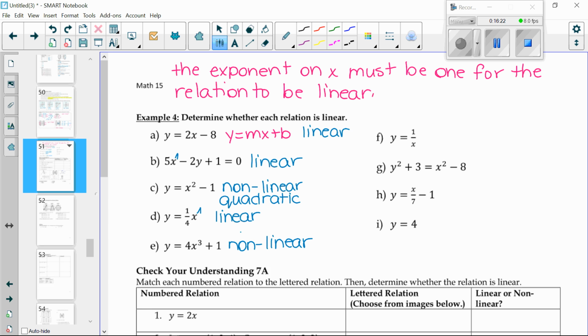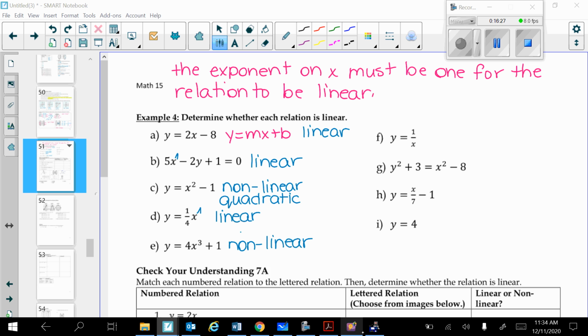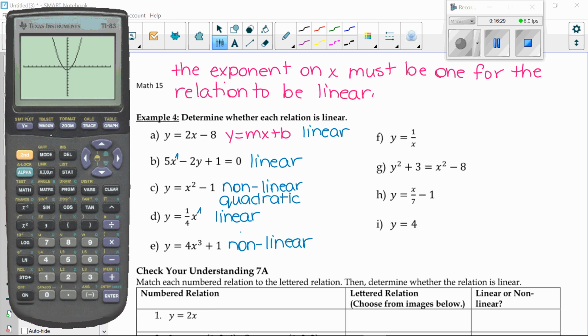Let's see what that one looks like. Going back into y equals, I'm going to clear that, and I get 4x to the power of 3 plus 1. It gives me kind of a squiggle, so it's definitely nonlinear.